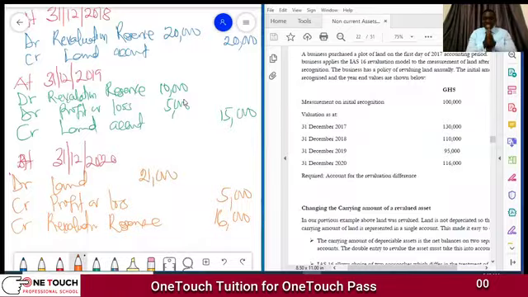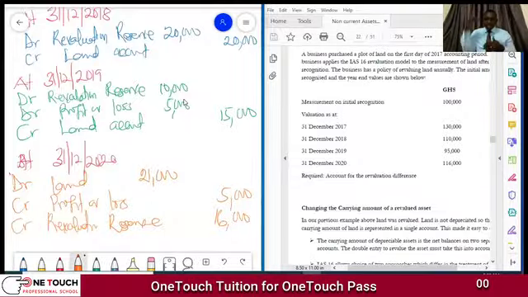So on initial recognition, if it's a gain, we debit the asset and we credit revaluation reserve, or we credit the statement of profit or loss and other comprehensive income.